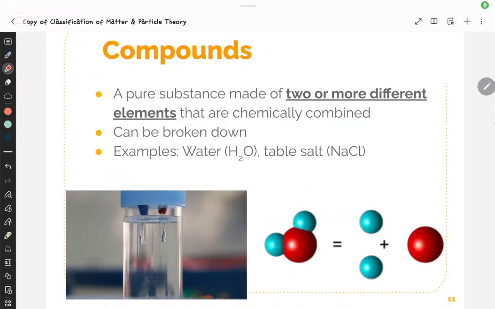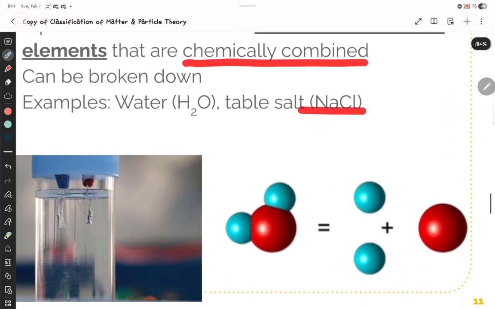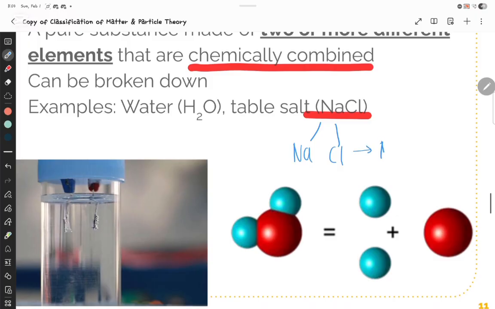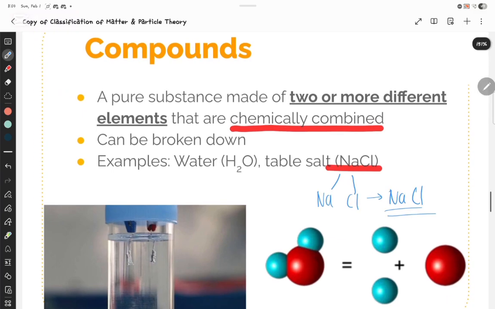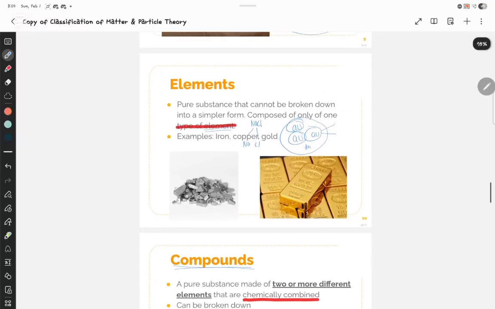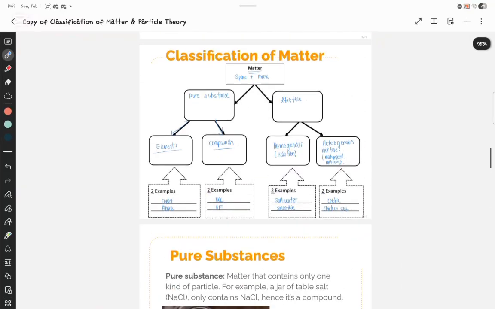A compound is a pure substance made of two or more different elements that are chemically combined. For example, NaCl: it satisfies that it's two different elements, Na and Cl, chemically combined to form a product, which is NaCl. One last step to qualify as a compound is that in the container there's only one type of particle, because it falls under pure substances.